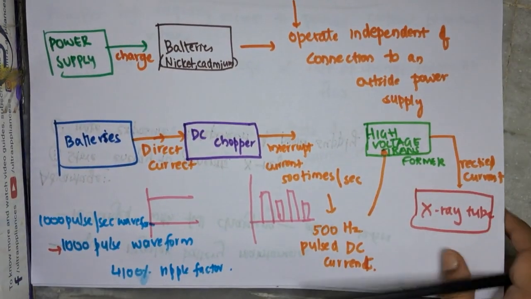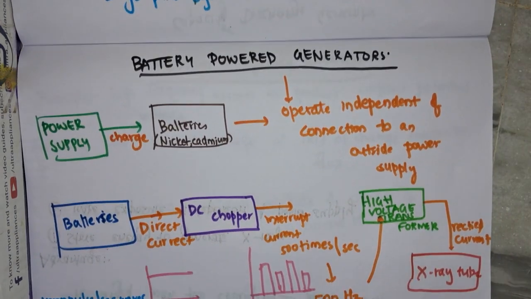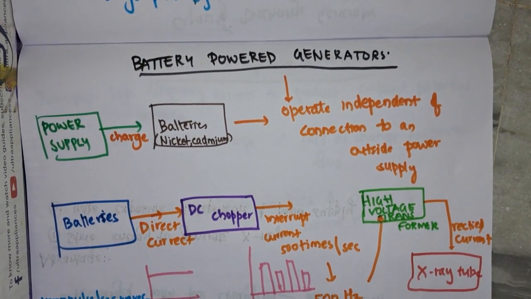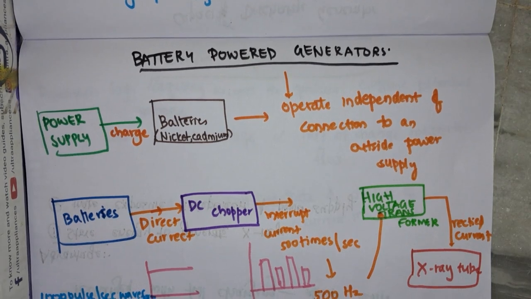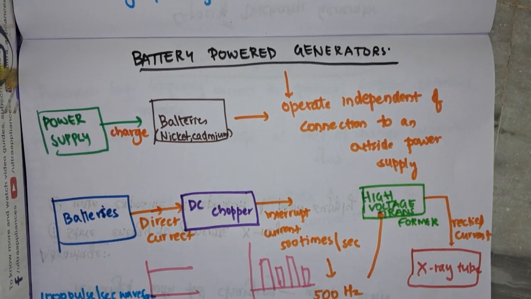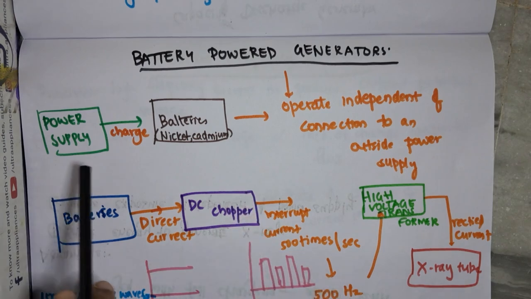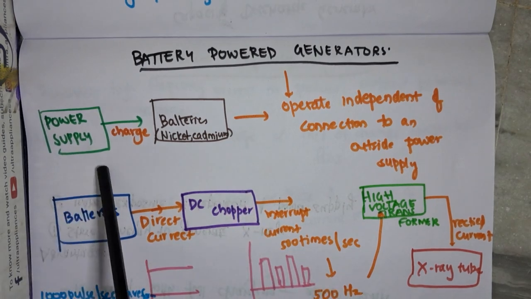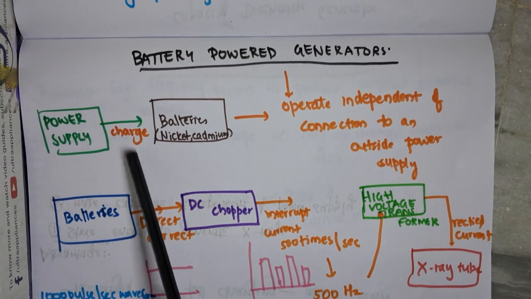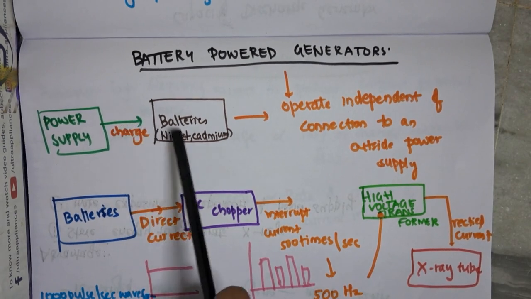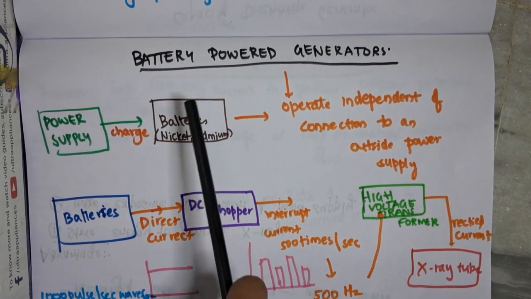Then the second type of generator is called the battery powered generator. In battery powered generators, there is a standard power supply. This standard power supply is used to charge large capacity nickel cadmium batteries.